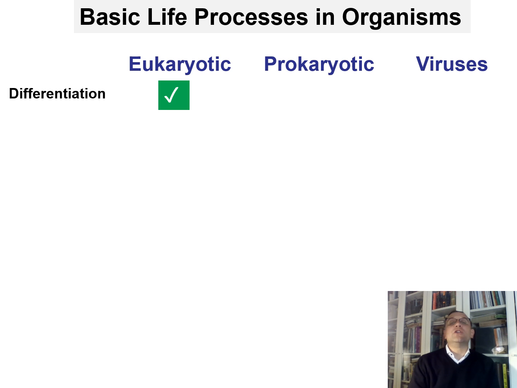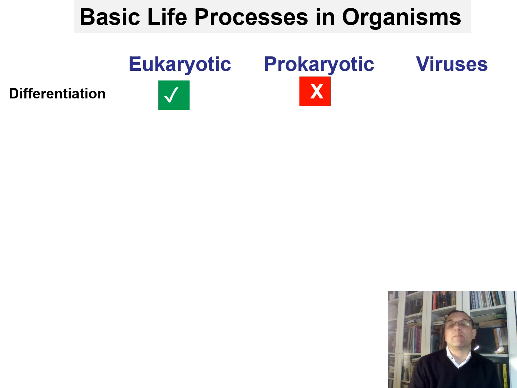Eukaryotic cells differentiate. Differentiation, as you remember, is the process during which young, immature, unspecialized cells take on an individual characteristic and reach their mature, specialized form and function. Differentiation is a characteristic of cells of multicellular organisms, not bacterial cells. So the cells of multicellular eukaryotic organisms do differentiate.